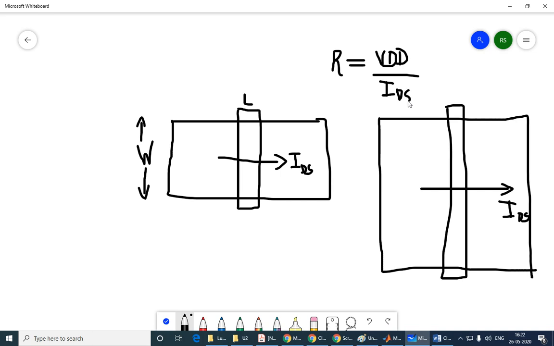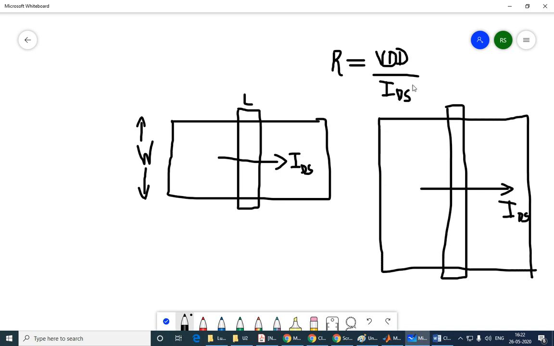One way to look at it is, we know the equation for IDS. If the W by L doubles, the current is also going to double, which means that the resistance in the first case versus the second case, what is the relation between those two? That is what we are trying to find out. In particular, we just want W by L to come somewhere in the picture so that we can find out what is the relation between W by L and the resistance.